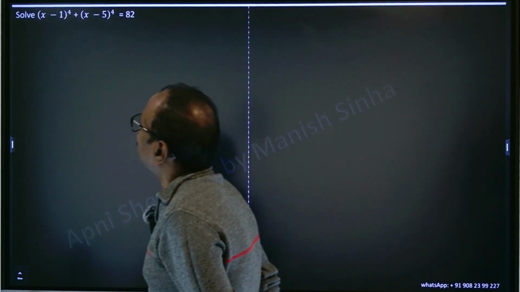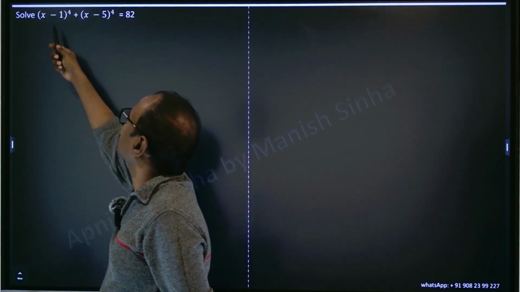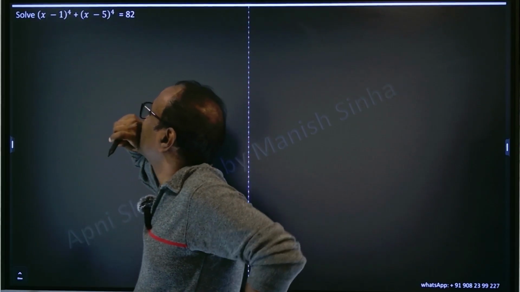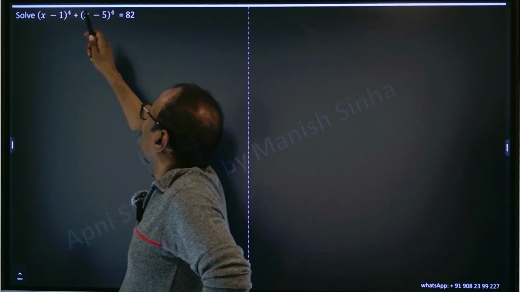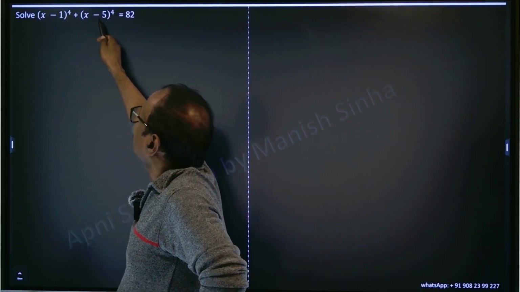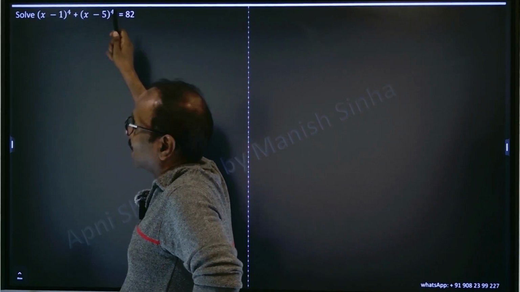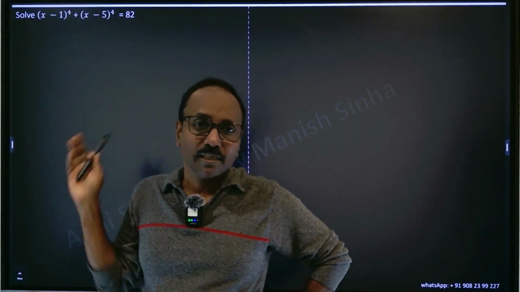So what should be your approach in these conditions? Because x minus 1 is not equal to x minus 5. Even if we convert this into x minus 1, then minus 4 will be remaining, and that to the power 4 expanding will be tedious, right?